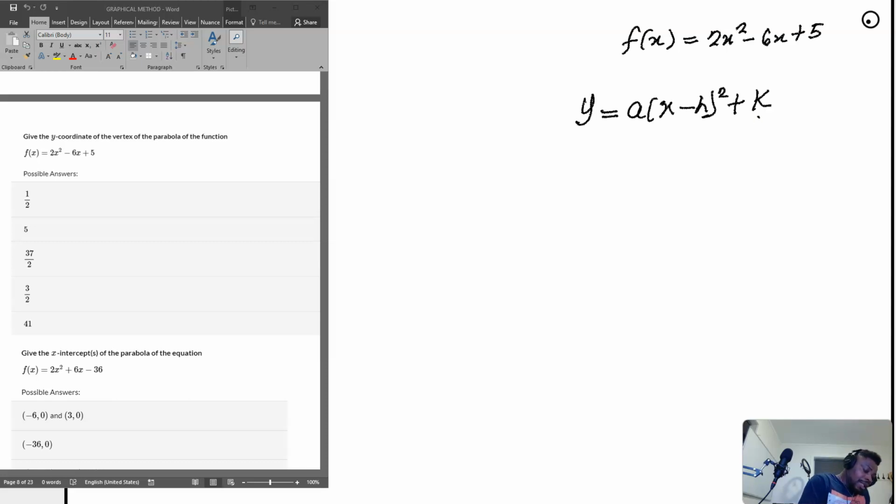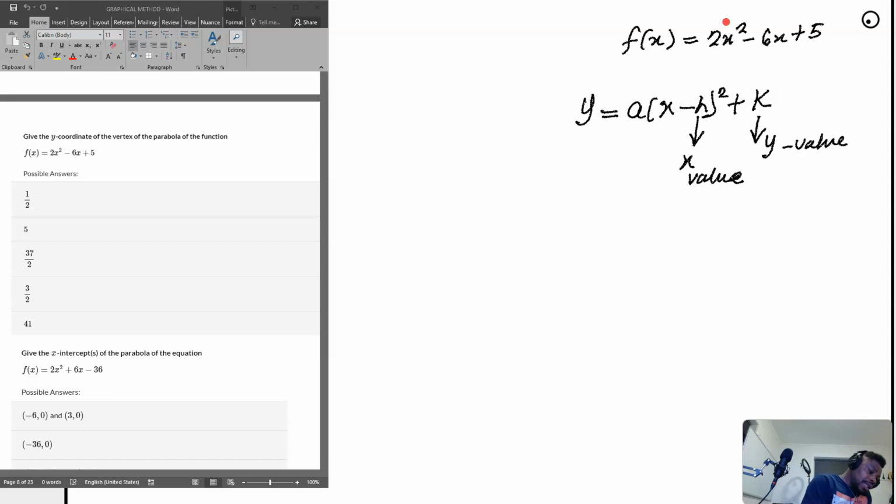This k is the y value, and h is the x value. In this case, we are looking for the y coordinate. So you already know how to get your answer.